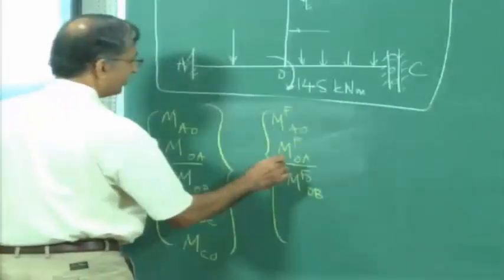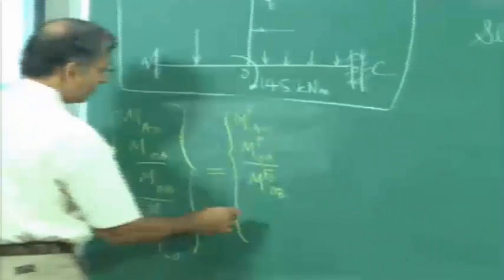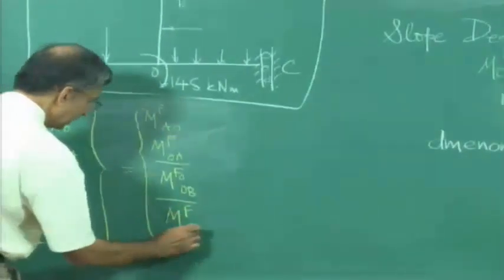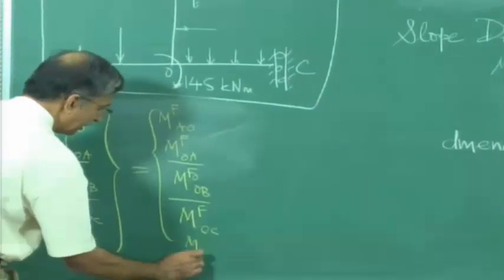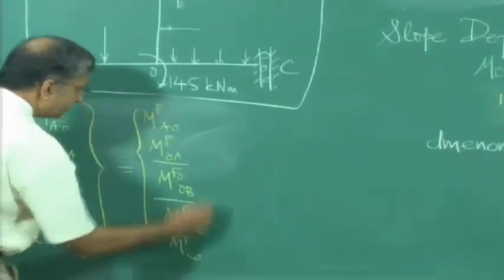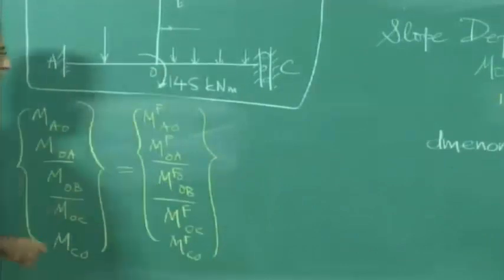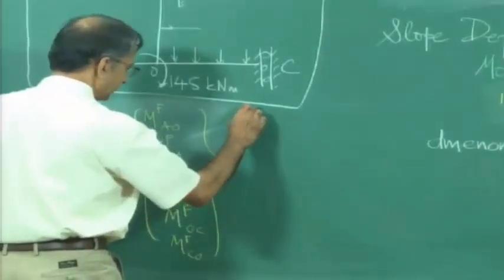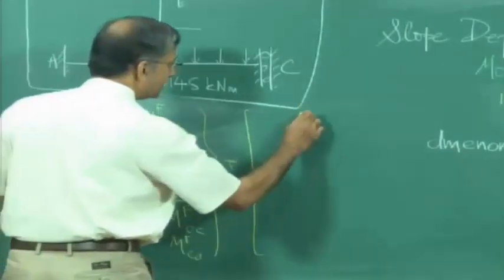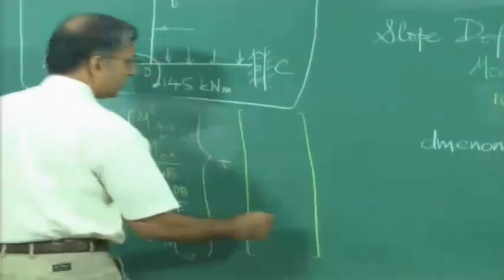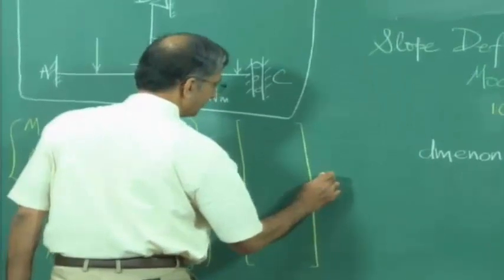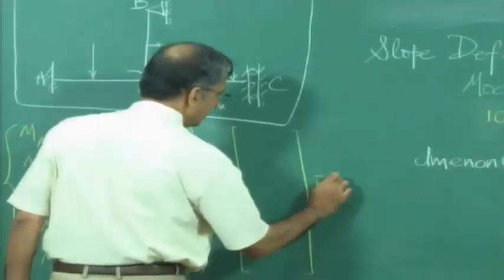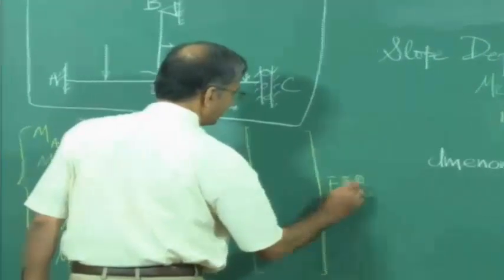This is all MF AO and MF OA. This is going to be MF OC and MF CO, which we have already calculated, plus something which we'll write here into EI into theta naught. There's only one unknown.